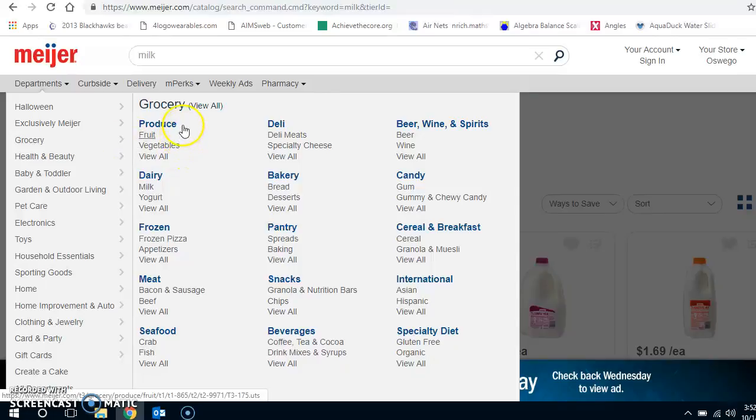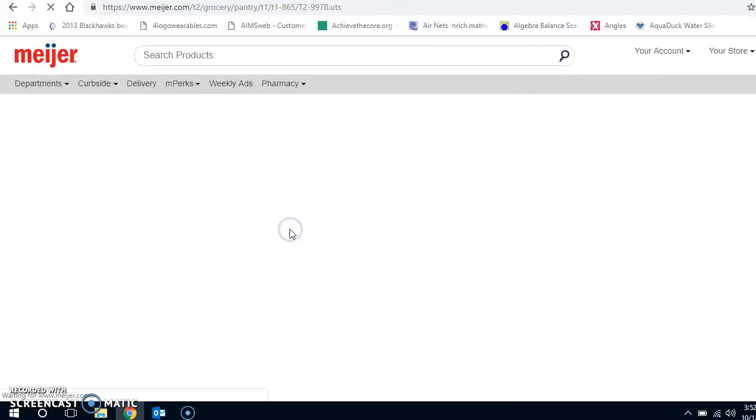Produce would be items such as fruit and vegetables. There's also a category called pantry. Pantry would be food items that you find in your own pantry at home. Those things that don't need to be put into the refrigerator, such as cereal, pasta, cookies, things like that. Go ahead and click on pantry.